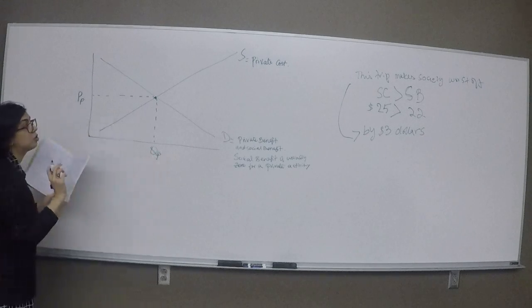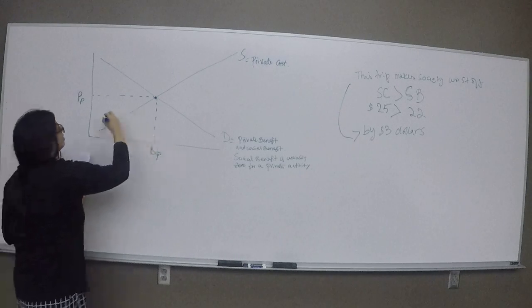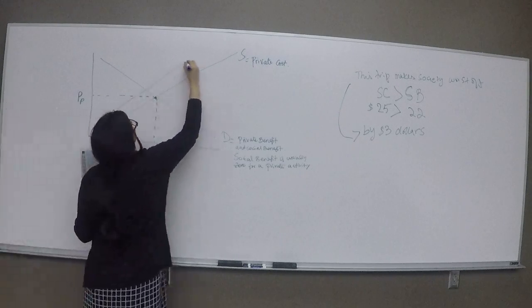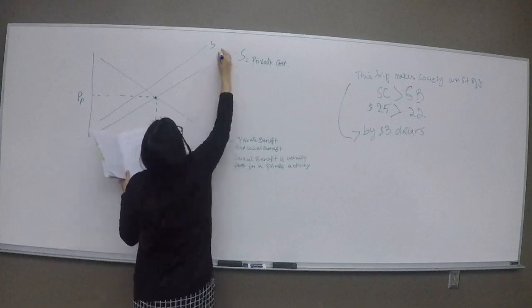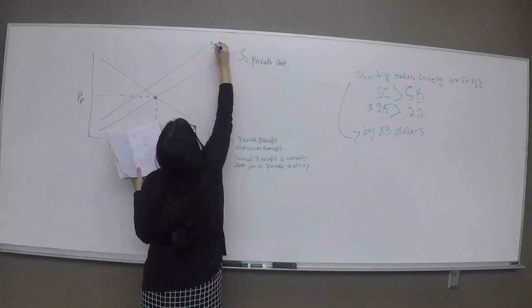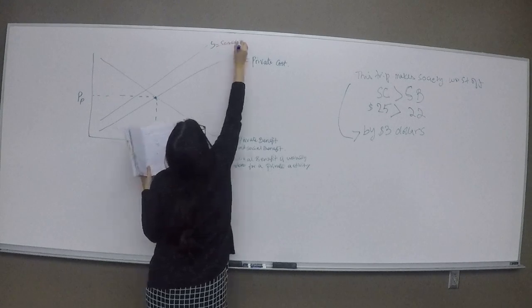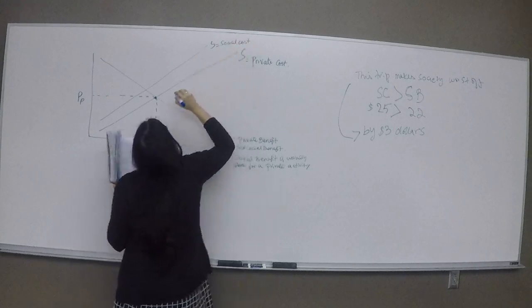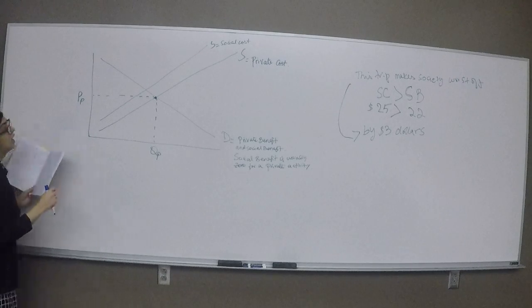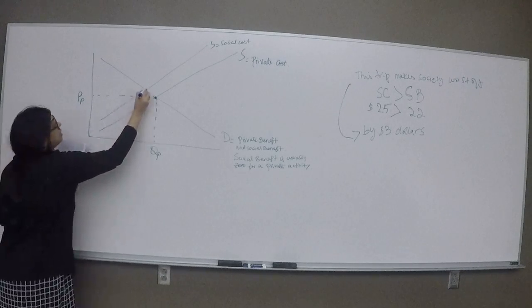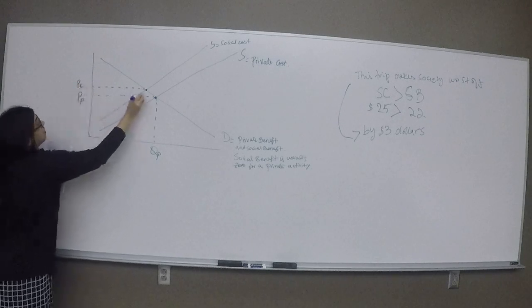But if you put social cost into account, the $3 extra, this is social cost supply. At this equilibrium point, there is efficiency.